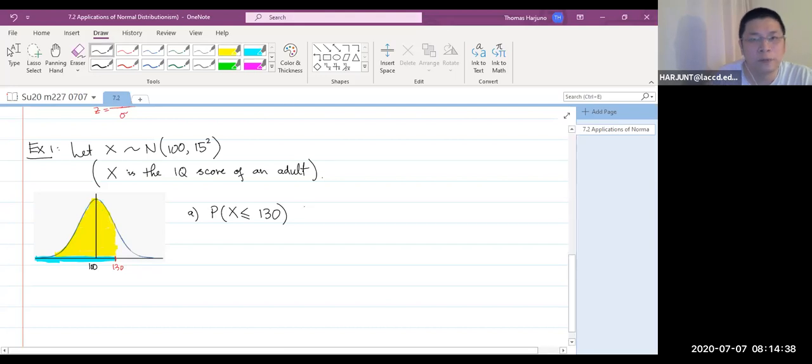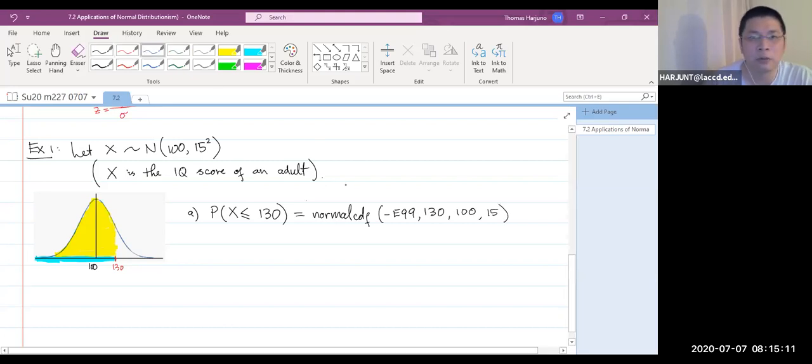Now, the first method of computing it, maybe I use the second method first, the way I want you to do it. It will be normal CDF, negative E99, that's to replace negative infinity, 130. The mean is not 0 anymore. Right now the mean is 100 and the standard deviation is 15.